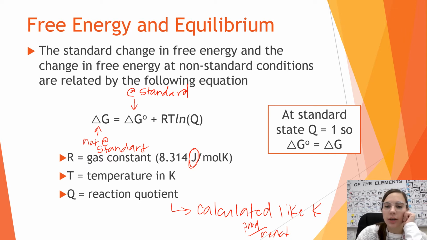Now if we were at standard state, then Q would be 1, because remember, standard state is when everything's at 1 molar. If I plug a 1 in right here, I get delta G equals delta G naught because we are at standard state. So basically what this equation does is it corrects for not being at standard conditions.